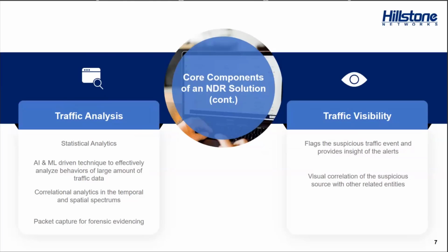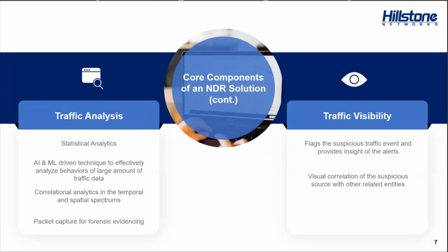That will help to draw conclusions on whether this particular source IP address machine has indeed conducted suspicious activities. So this correlation analysis is also very helpful to increase detection accuracy and reduce false positives.